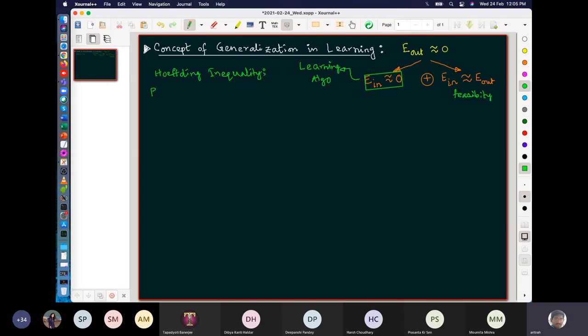which says that the probability of some bad event happening, that is, my E in is not tracking my out of sample error for the hypothesis that I gave, and it gives a drastically big error, should be bounded by some small probability value.